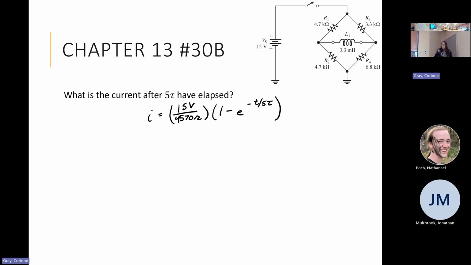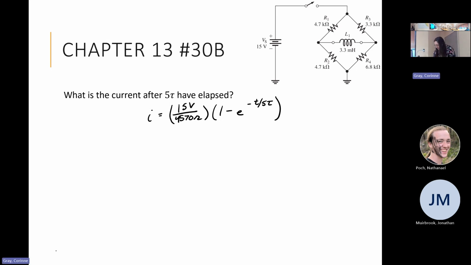With this being 5 tau, what should the exponential term in theory become? Because we're considering this to be a long period of time, in theory, what is this value?